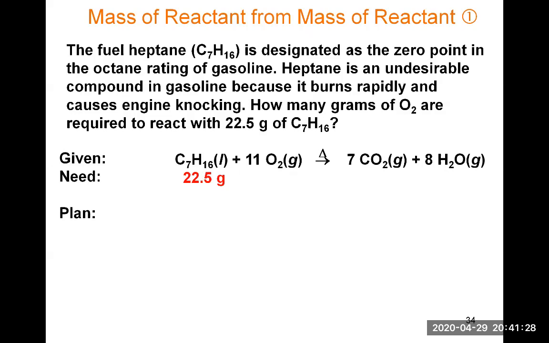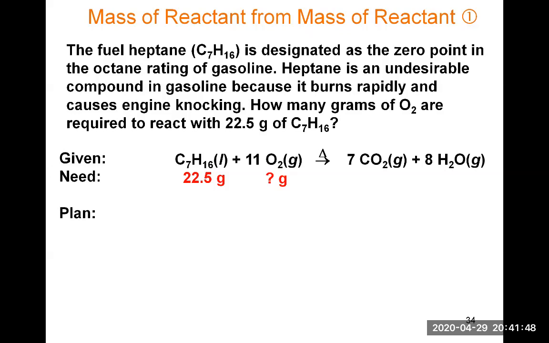The question is asking how many grams of O2 are required to react with that. So we're interested in oxygen, and we want to find the mass of oxygen that will react with those 22.5 grams of heptane.